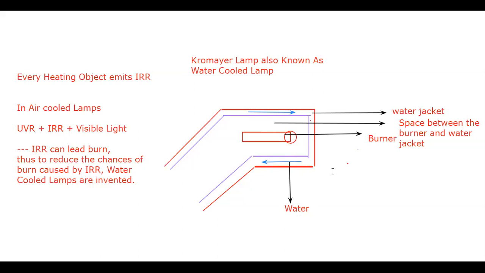Okay. So why have we been using these chromium lamps? The chromium lamps have an advantage over a high pressure mercury vapor lamp that they can be used in contact with the body tissues. We were not able to use air cooled lamps in contact with the body tissues because air cooled lamps used to emit infrared rays.